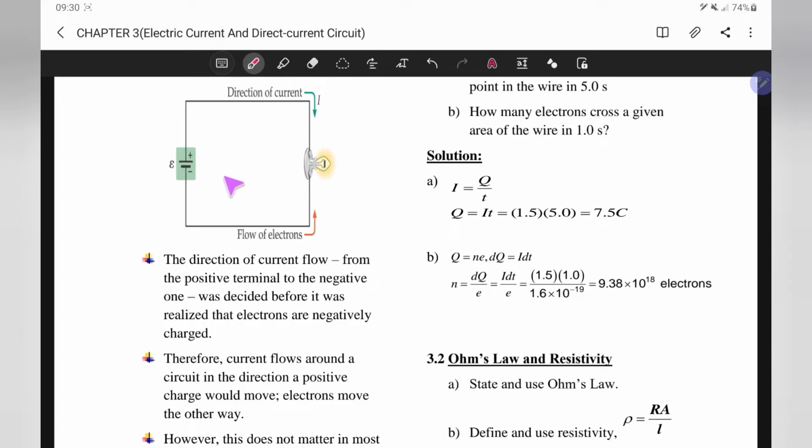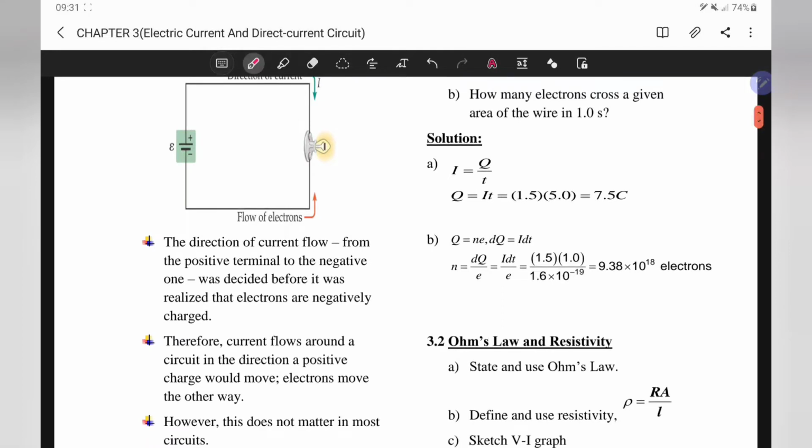But based on our research now, the flow of current actually represents the flow of electrons. Electron is a negative charge. It starts from the negative terminal, attracted towards the positive terminal. So the flow of electron is in the opposite direction of current. When the current flows in a clockwise direction, the electron flows anti-clockwise.